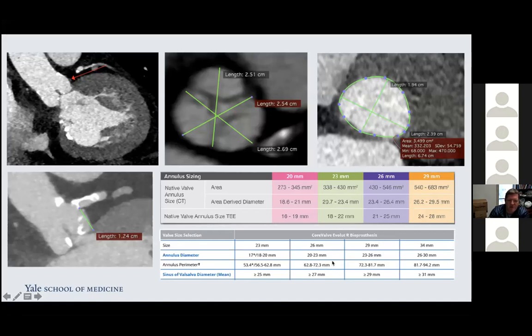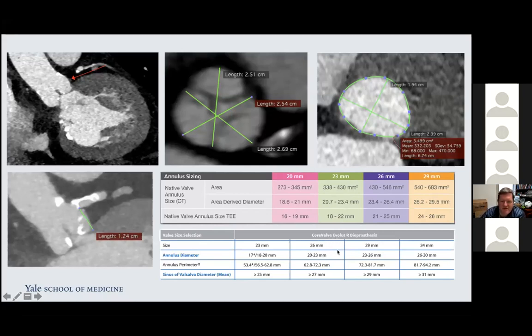If we're talking about the native annulus diameter, that's here sort of 18 to 22, et cetera. So what you can see is that these valves are very different in many ways. One of them is actually in the sizing.